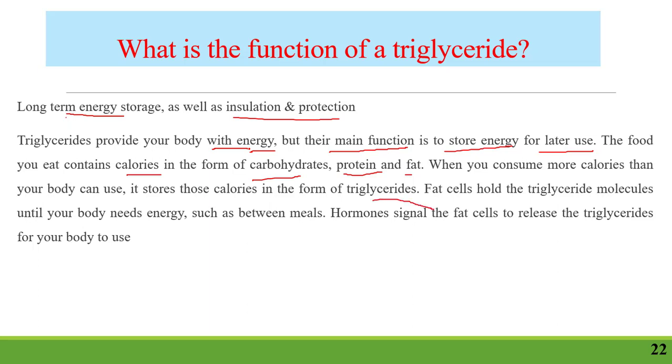Fat cells store triglyceride molecules until our body needs energy, such as between meals. Hormone signals lead to release of triglyceride from fat cells or adipose cells to our body for use.